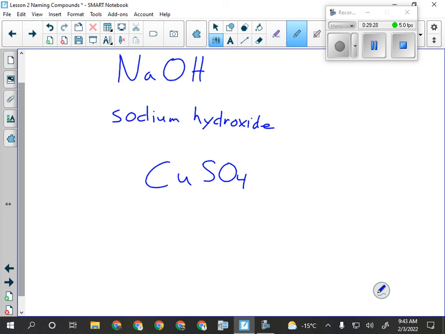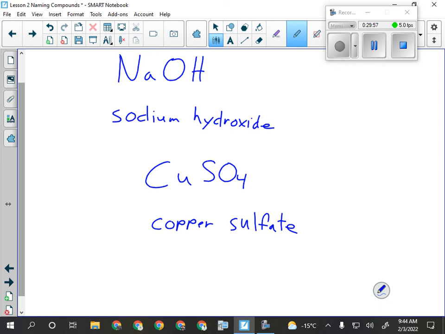It is copper something sulfate. What do I have to remember about copper? Roman numeral 2. Right, it needs a Roman numeral. How do I know that? Well, every time I write the name of an ionic compound, I need to check the periodic table to see if it has more than one charge.